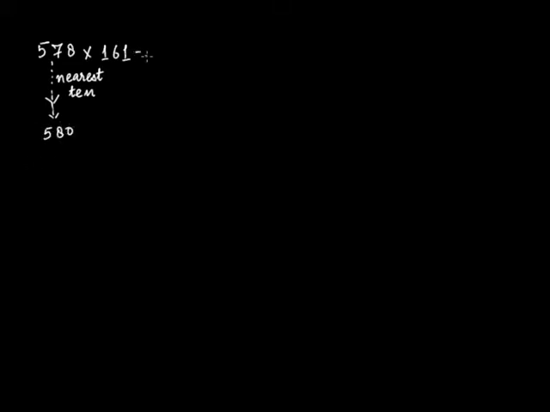And if we round off 161 to its nearest 100, this will become 200. Okay, now if you multiply to find the estimation, you have 3 zeros, so 1, 2 and 3 zeros. Now you are left with 58 times 2, and that's easy, right?